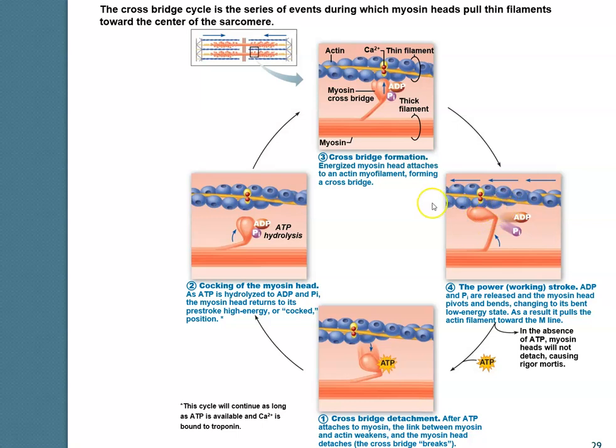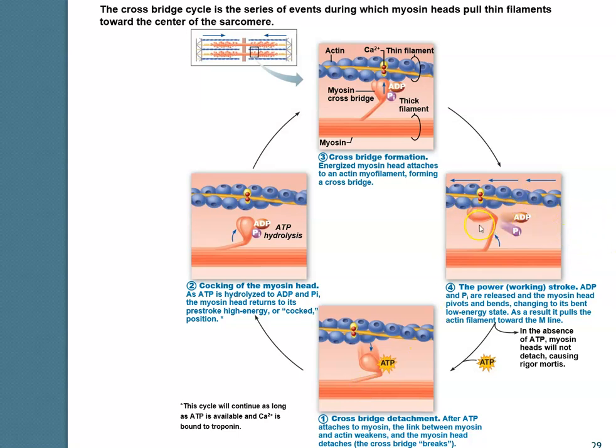It's going to pull, so imagine that the M line is somewhere towards the left here. It pulls the actin, the thin filament, towards the M line. The Z disc will be somewhere here. This is not to scale, but the M line is further towards the left, and the Z disc is further towards the right, and it keeps doing that.